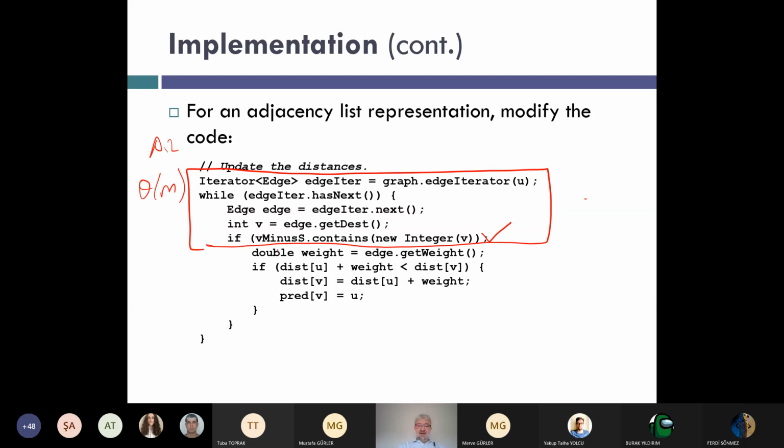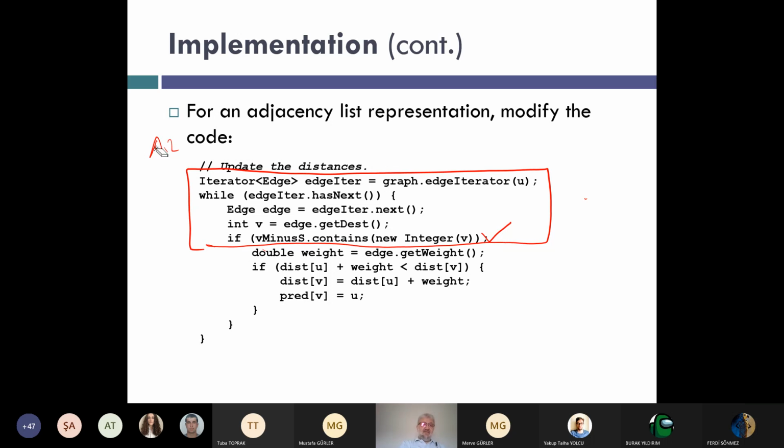And you can check whether it is in V minus S in constant time, since V minus S is implemented as a hash set. And it has to be performed for all the edges in the graph.